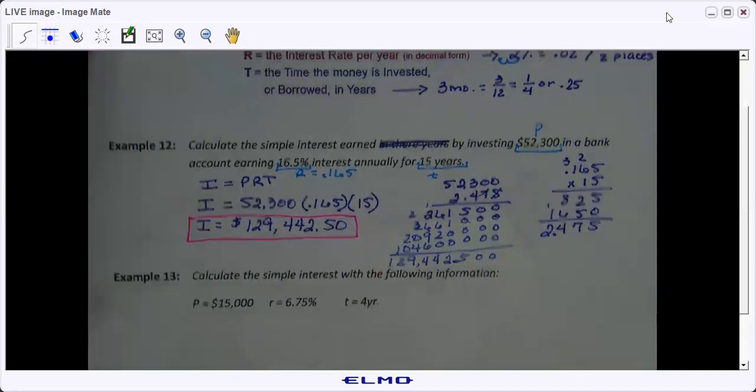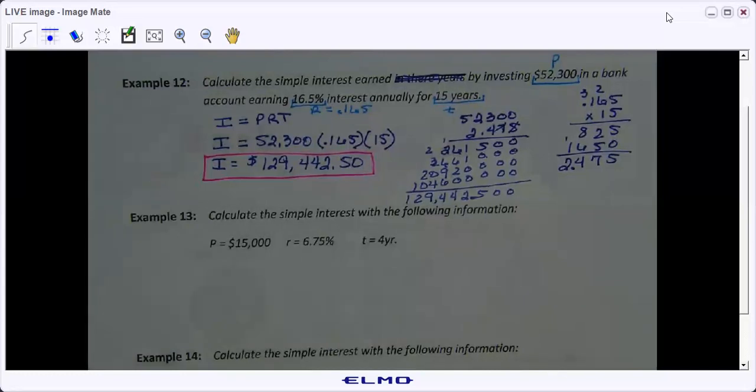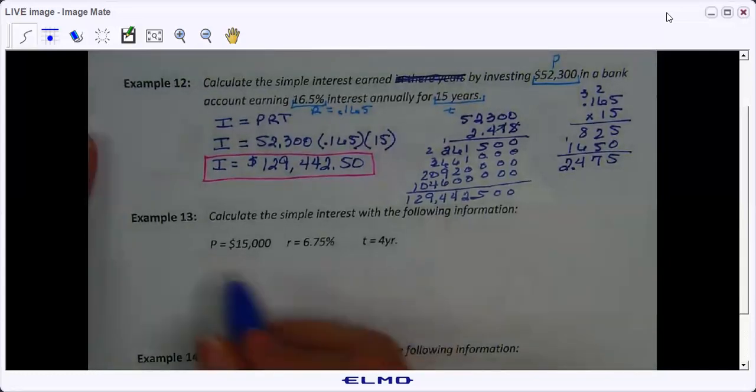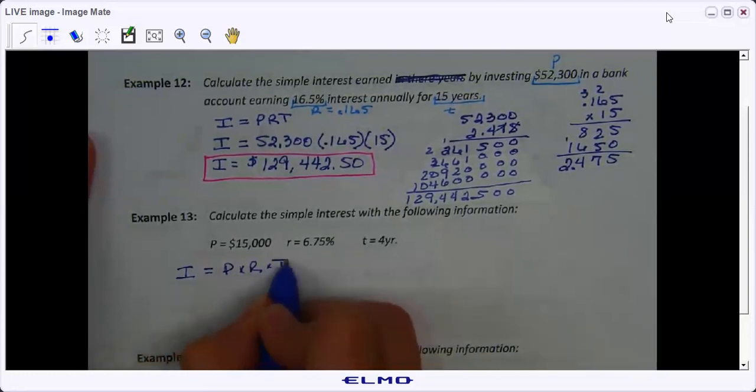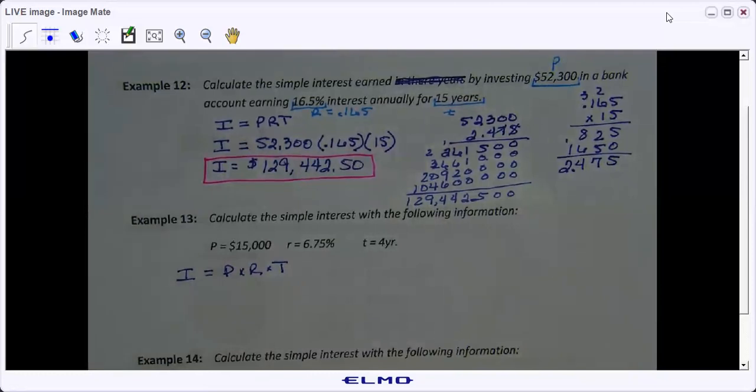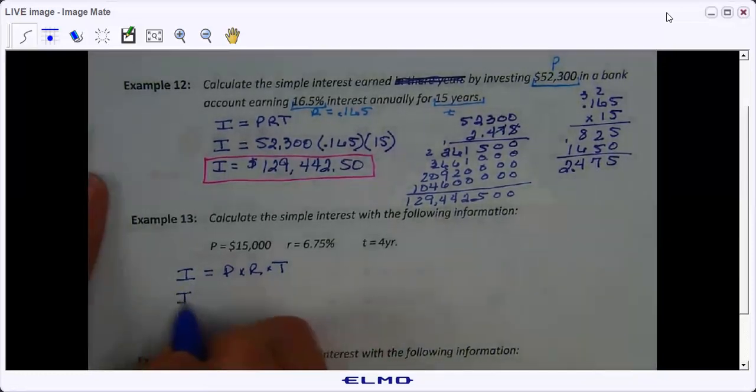Okay, we're gonna look at example 13. We're gonna write out the formula first. We have interest equals principal times rate times time, okay? And we're gonna plug in everything that they give us. So our principal is 15,000.